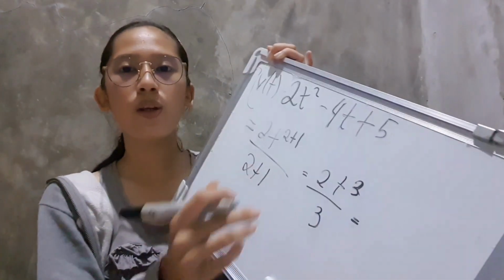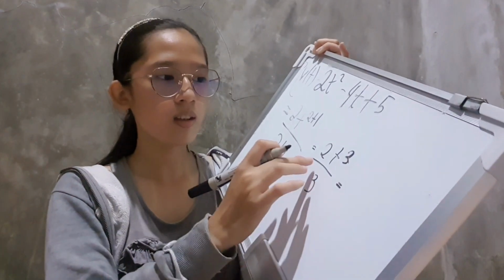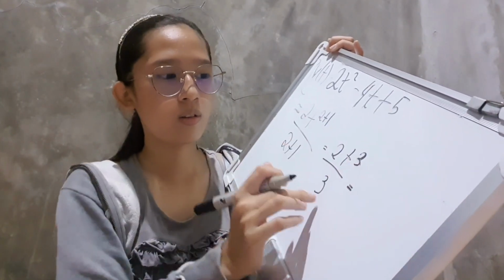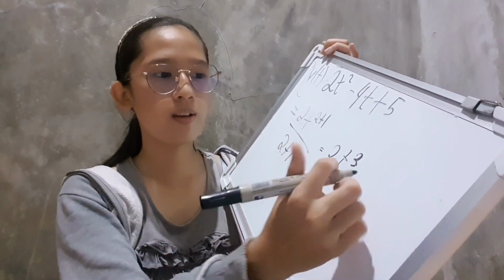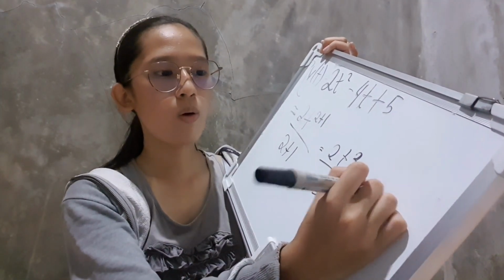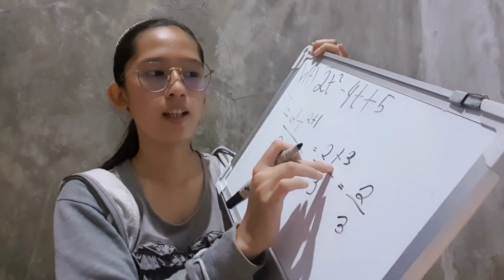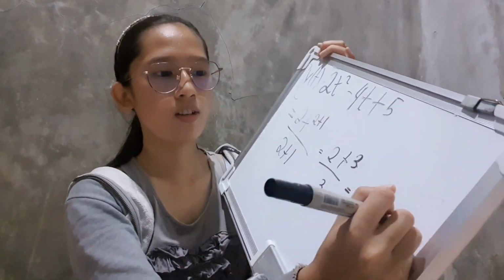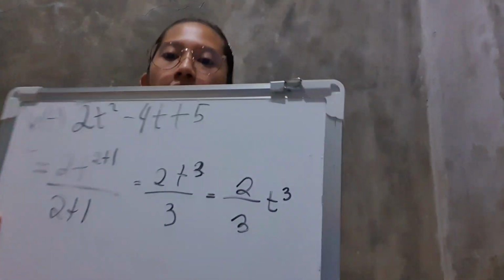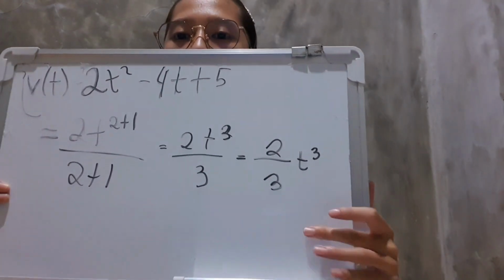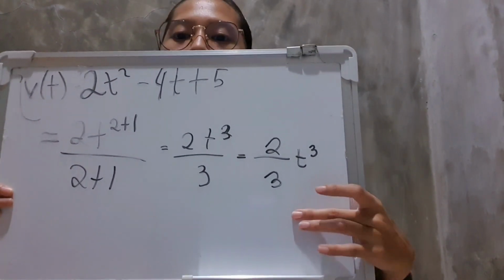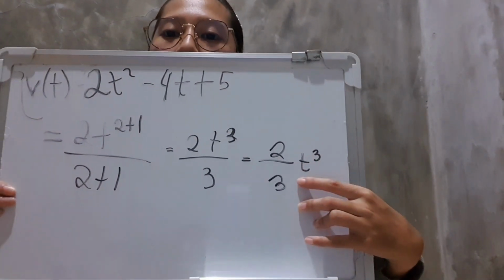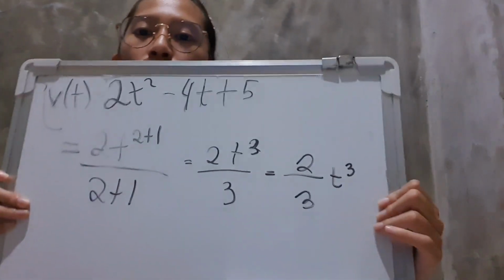Simplifying this, 2 divided by 3 is just 2 over 3. Then copy the variable and the exponent, t cubed. So this is the antiderivative of our first term, 2 over 3 t cubed.